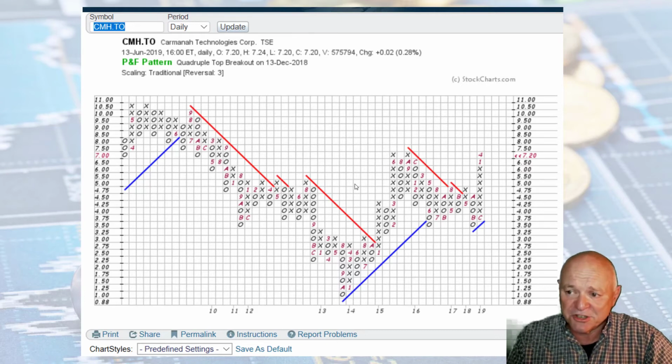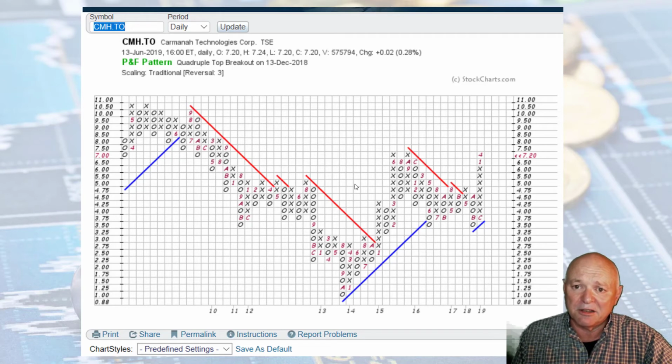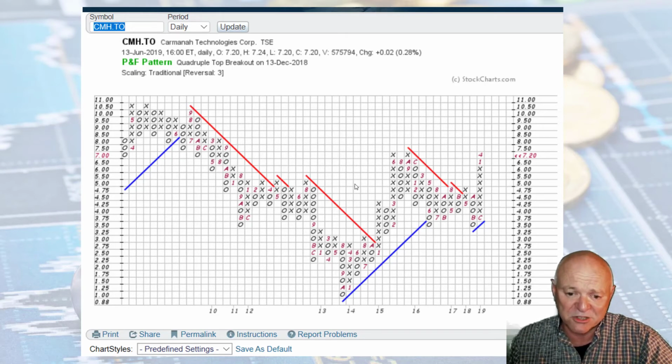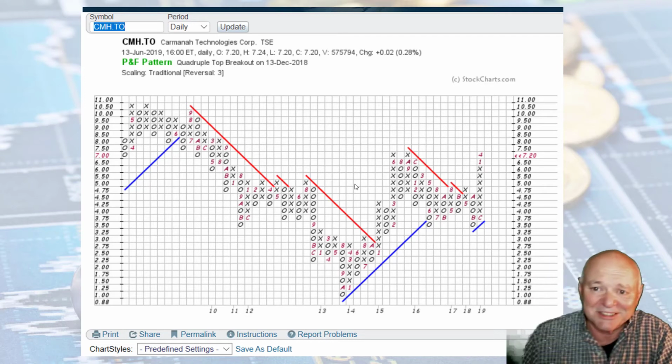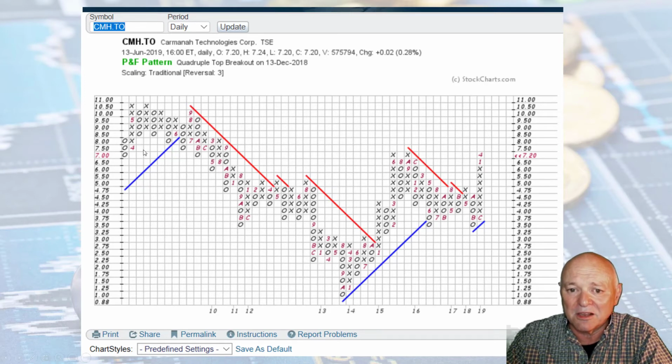So the stock prices are marked on the right and the left-hand side. And apparently there's some kind of a pattern that is observed by the analyst who's looking at this, described as a quadruple top breakout. And so we've got X's with a few O's, but mostly X's.